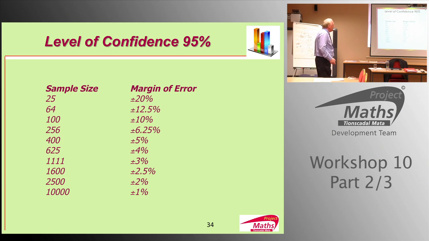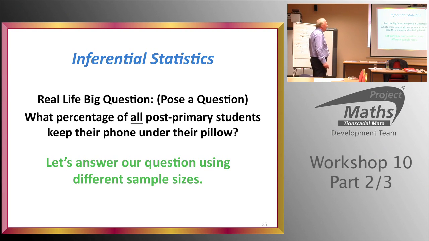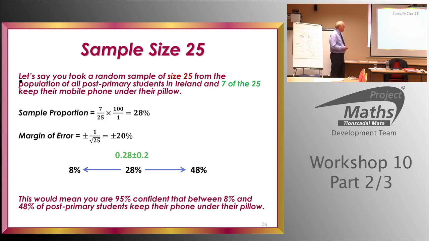Now, moving on from that, the real life question: what percentage of all post-primary students keep their phone under their pillow, using different sample sizes? Let's say you took a random sample of size 25 from the population of all post-primary students in Ireland, and 7 of the 25 keep their mobile phone under their pillow.